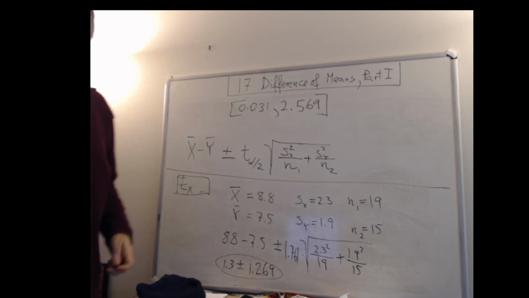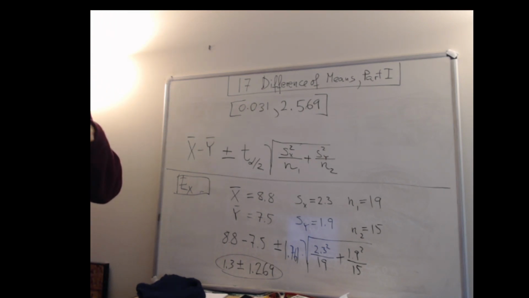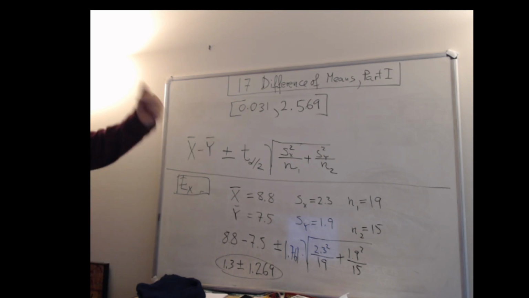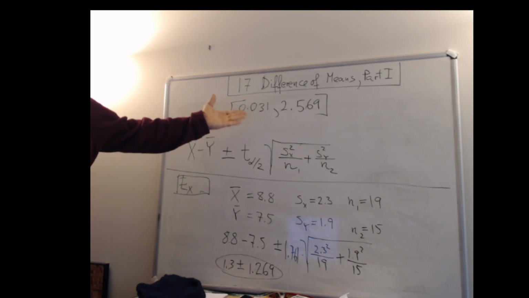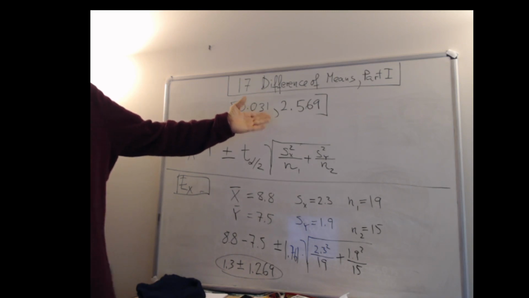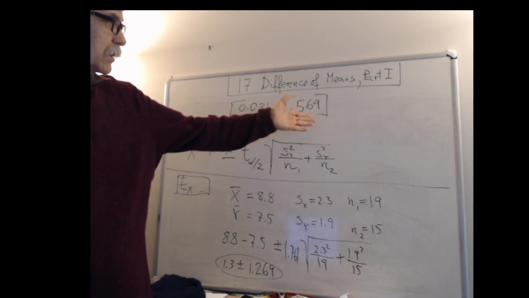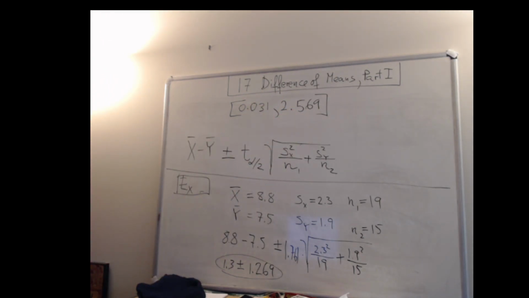So you can actually claim here with 90% confidence that the island birds have a bigger wingspan, because our estimate goes somewhere between 0.031 all the way up to 2.569. Okay?